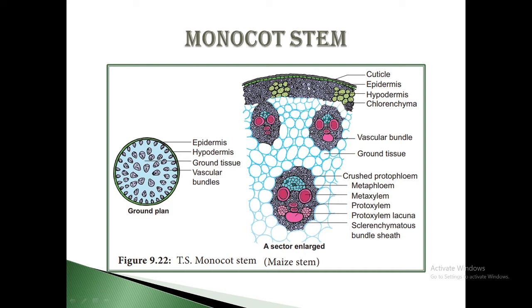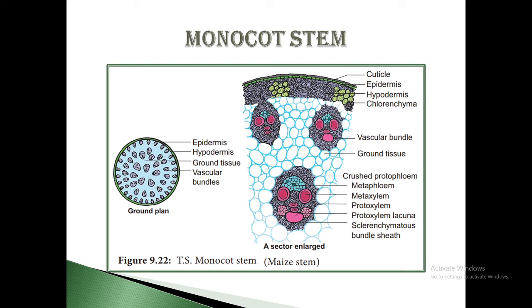These 3 to 4 layers just below the epidermis are known as the hypodermal region. The parenchyma contains chloroplast in Asparagus.